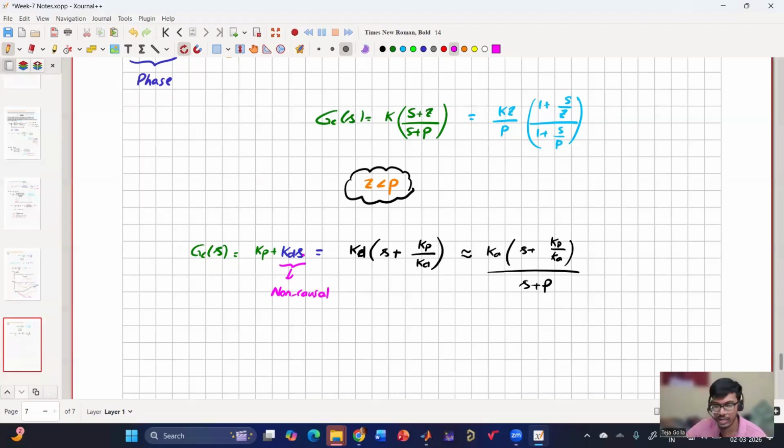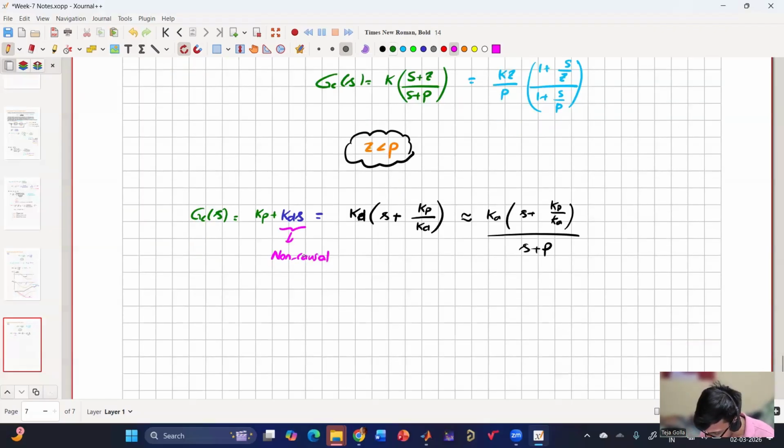So we need to have a filter. So what we do is we consider something like this: Kp plus Kd into S by some filter, tau S plus 1. So this is now causal, because this is an improper transfer function, so we cannot implement it, whereas this is a proper transfer function, so we can implement it.